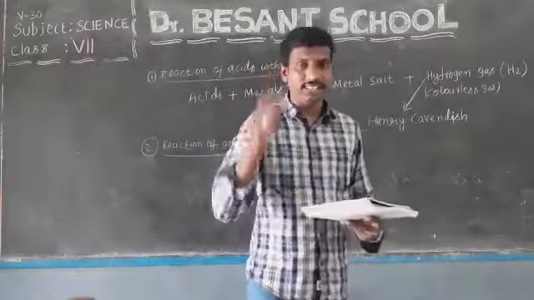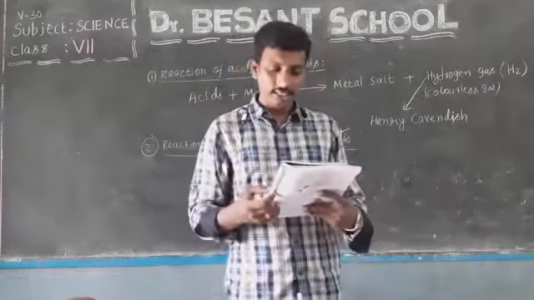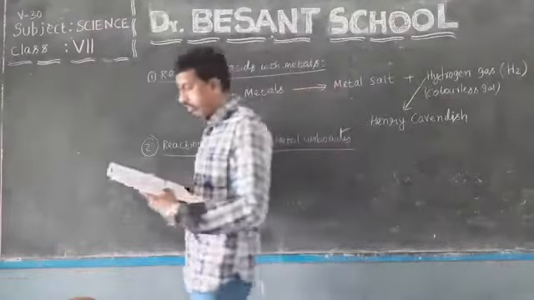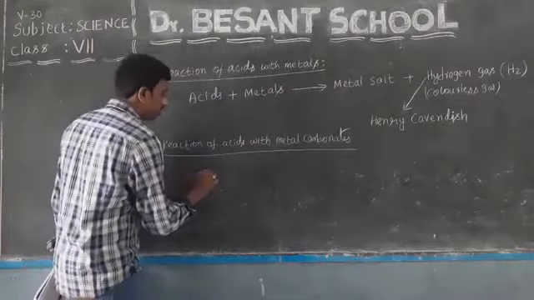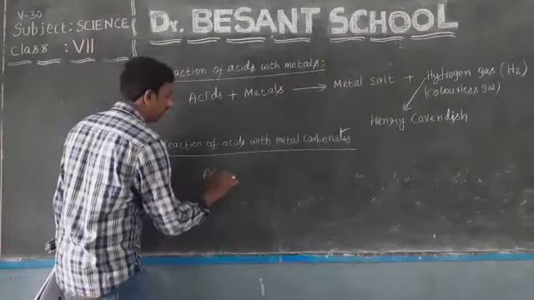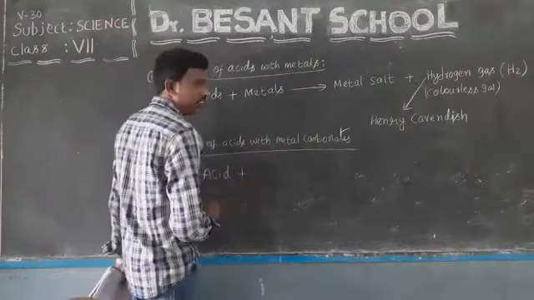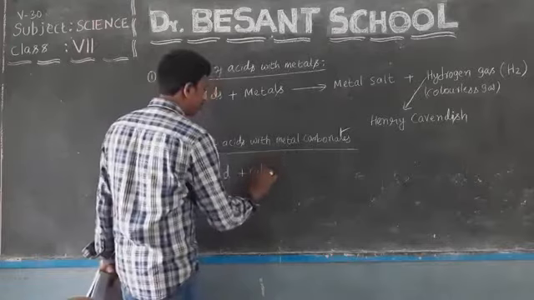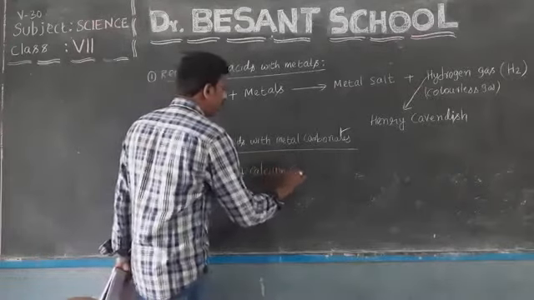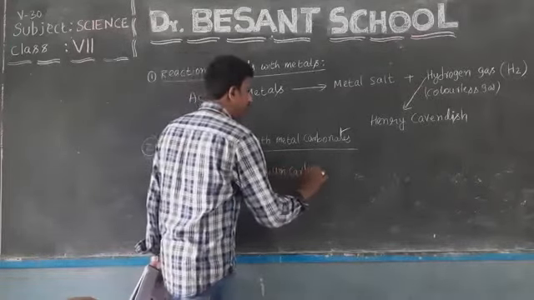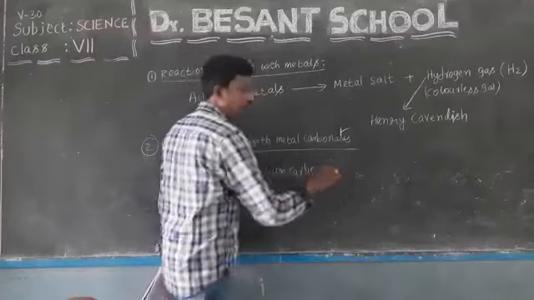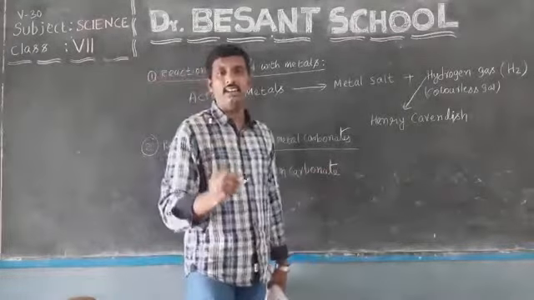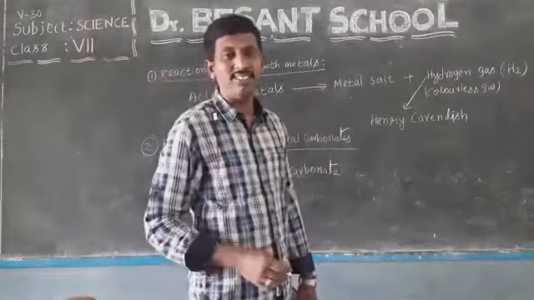Do you remember that eggshell, the outermost white shell of an egg? When we added some amount of lemon juice to the eggshell, lemon juice means acid. Eggshell means calcium carbonate, that means a metal carbonate. This eggshell completely dissolves in the acid.